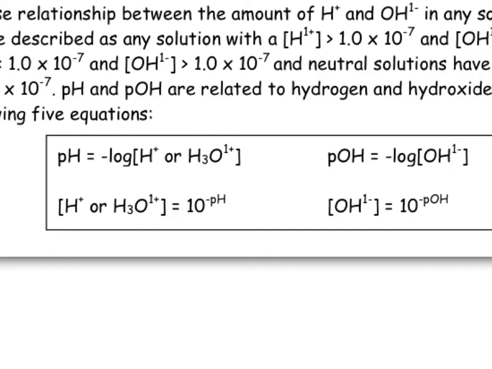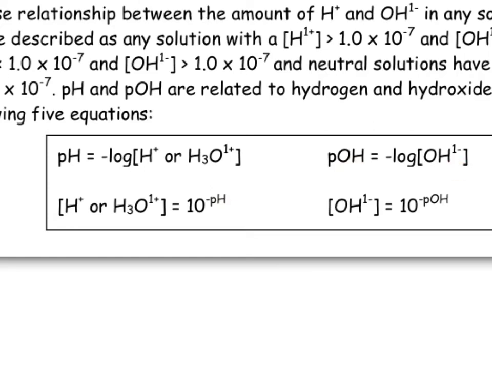In order to reverse this equation or rearrange it, if you want to find the H plus or H3O concentration, you take base 10 and have the exponent minus the pH. The pOH scale is the mirror to the pH scale, except that it measures hydroxide ion concentrations.